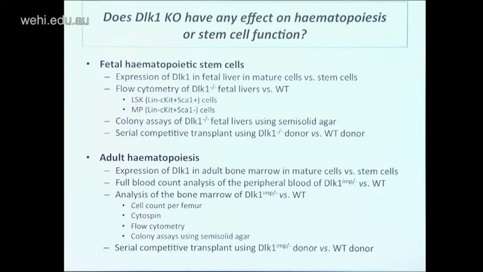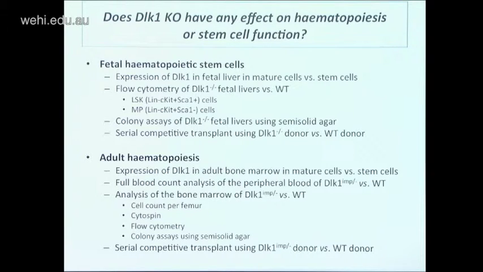First, looking at the expression pattern of Dlk1, and then looking at flow cytometry data, comparing Dlk1 knockout fetal livers versus wild type, particularly looking at the lineage negative, c-KIT positive, SCA1 positive cells, the stem cells, and the progenitors, which are the SCA1 negative cells.